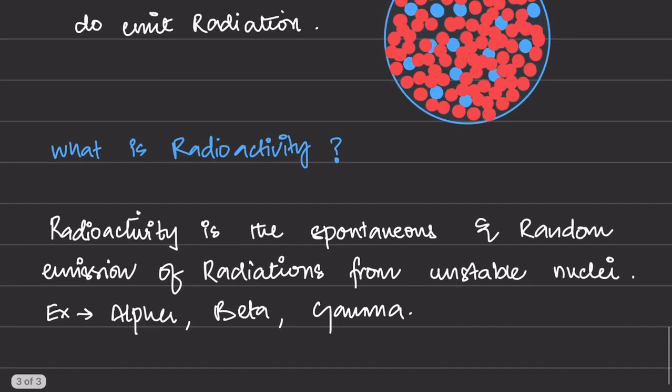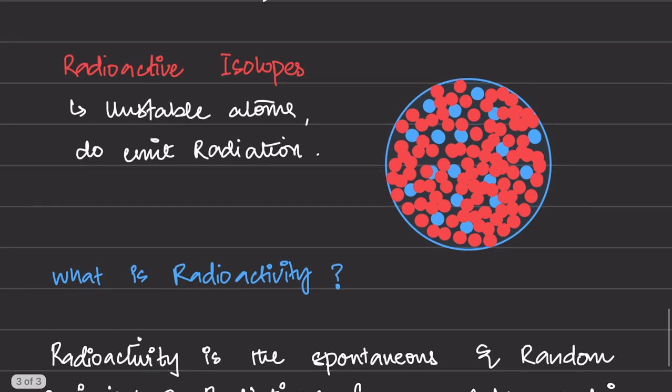When do we have unstable nuclei? When we have these radioactive isotopes. When we have something like this going on, this is what we mean by unstable nuclei. You know what this is, right? This is the nucleus, also called the nuclei.